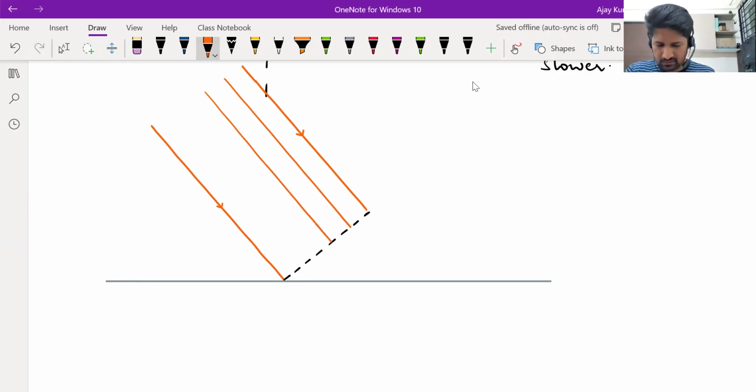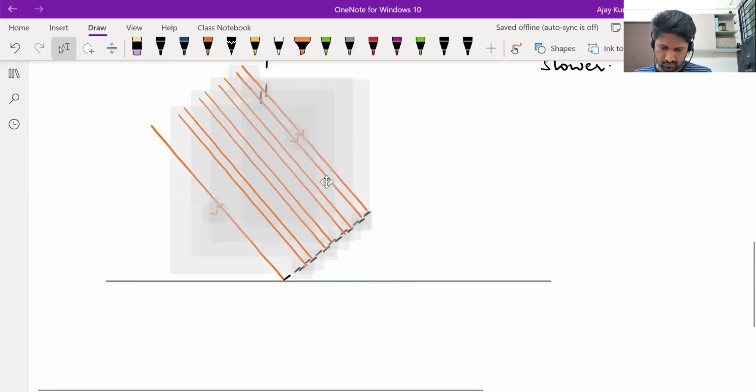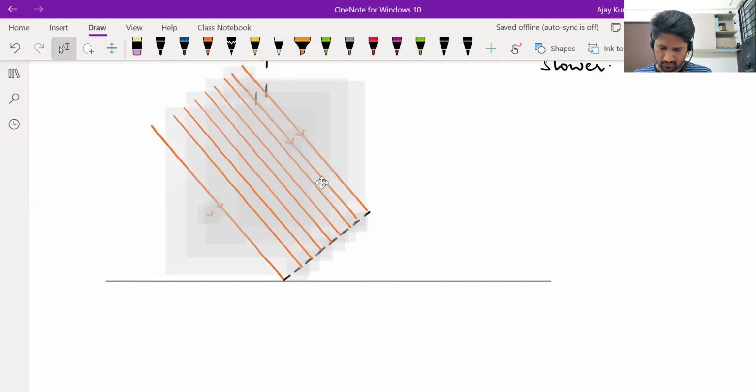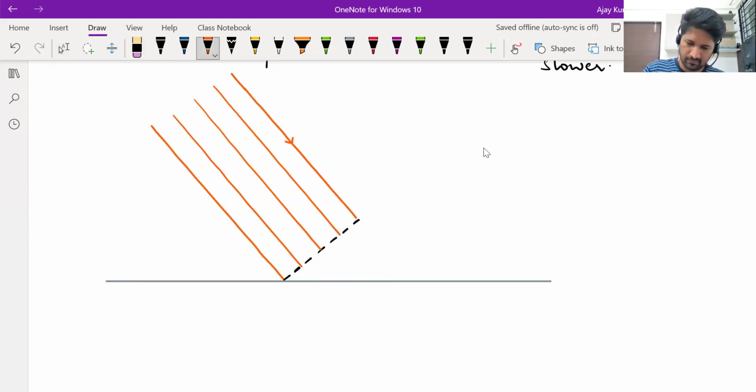They all share this common wavefront. Imagine it like this. So this whole set of waves is what we call one ray, the incident ray.